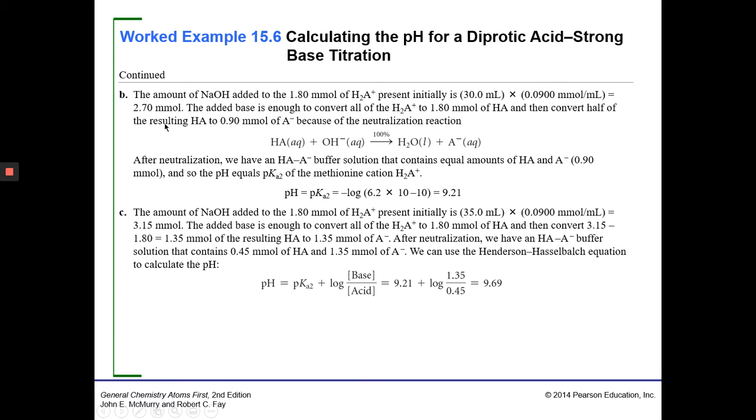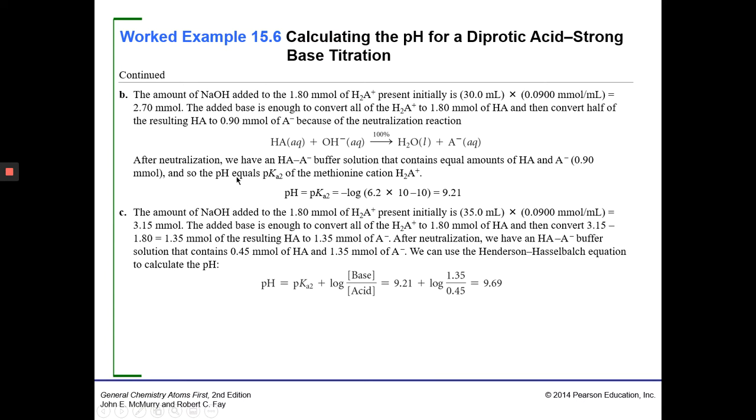Okay, so that's 2.7 millimoles altogether. The added base is enough to convert all of the H2A plus to 1.8 millimoles of HA, and then convert half of the resulting HA to 0.9 millimoles of A minus because of the neutralization reaction.